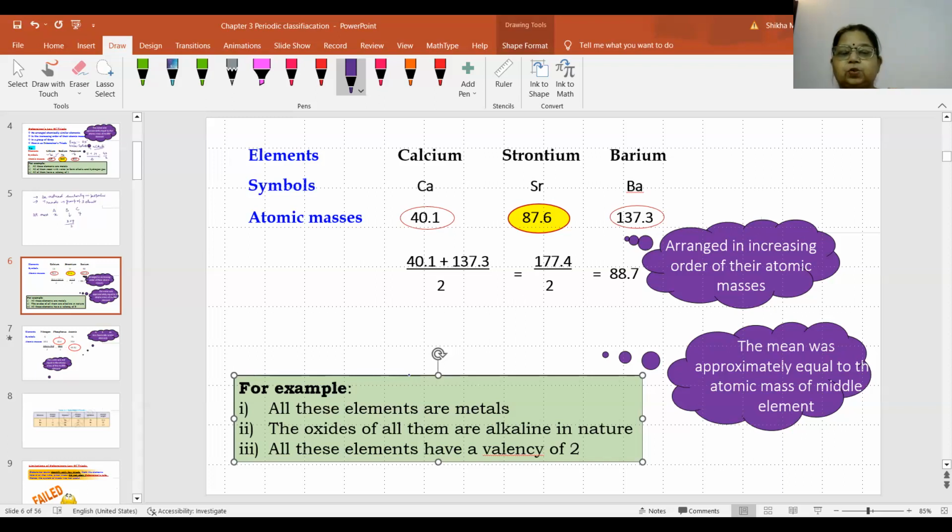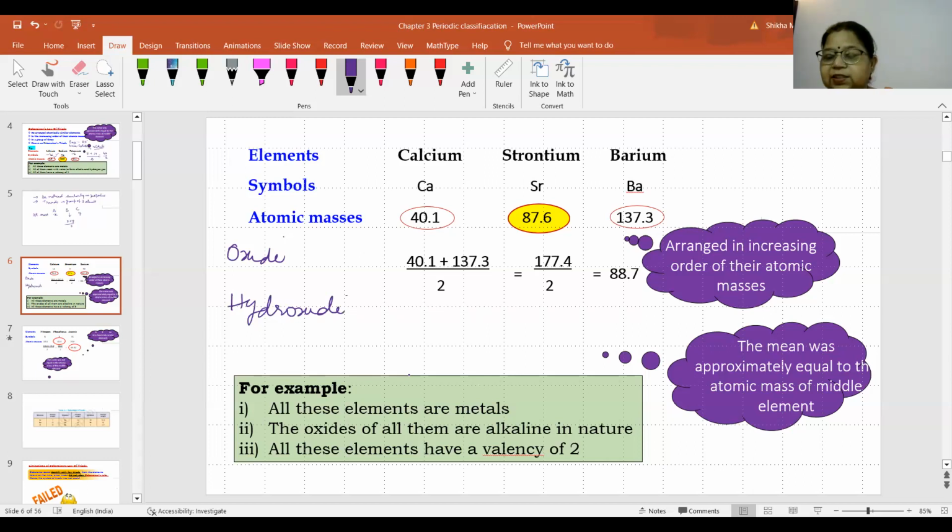You will come across two terms, oxide and hydroxide. Can someone define these two terms? What is a chloride? I believe that should be easier for you.